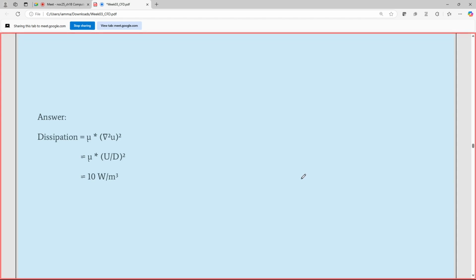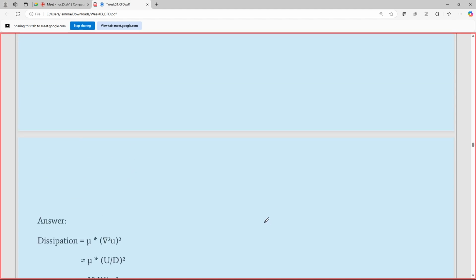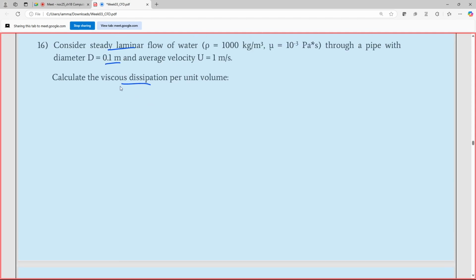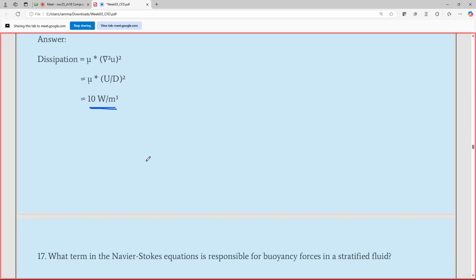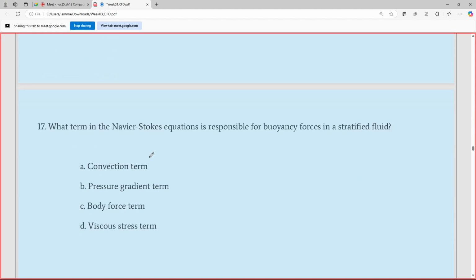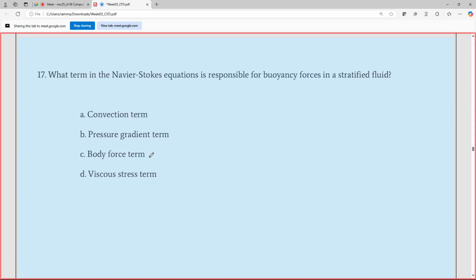By substituting, we get u over diameter as 0.1 meter per second. Multiply with velocity, we will get 10 watts per meter cube. That is the viscous dissipation. Moving on to the next question.